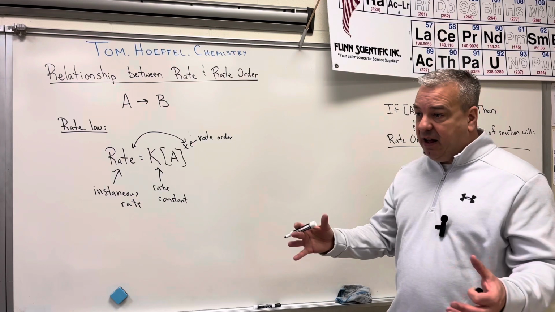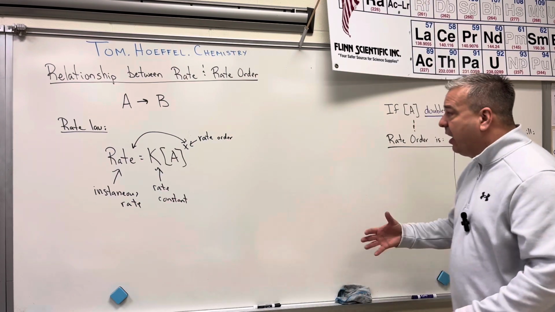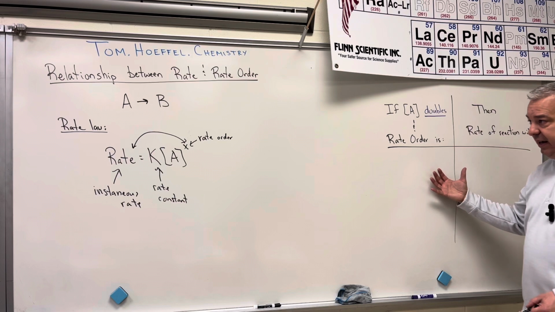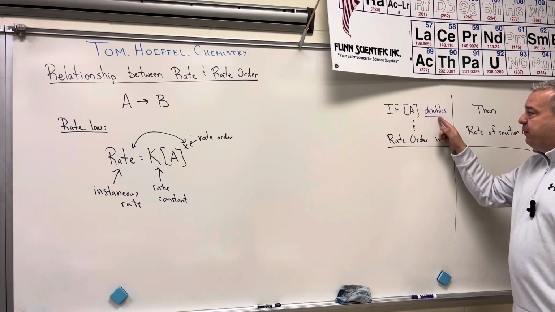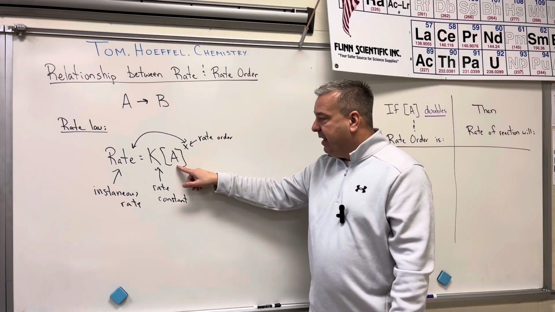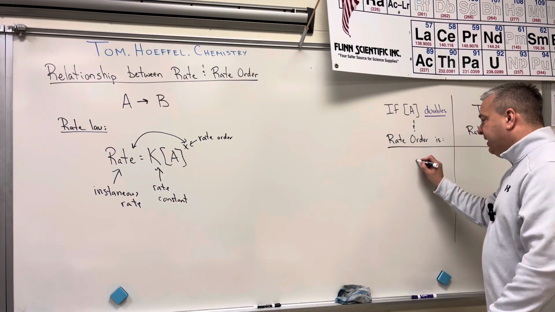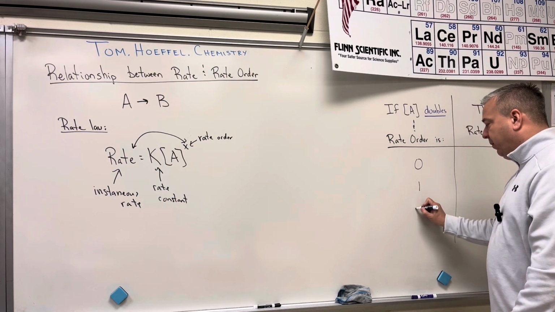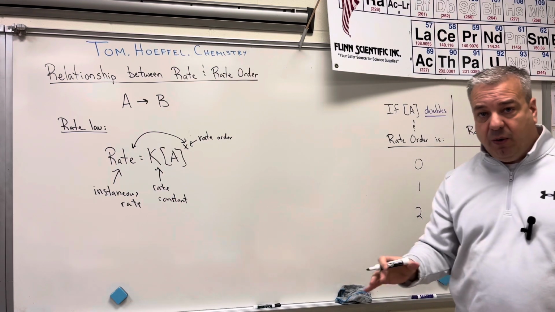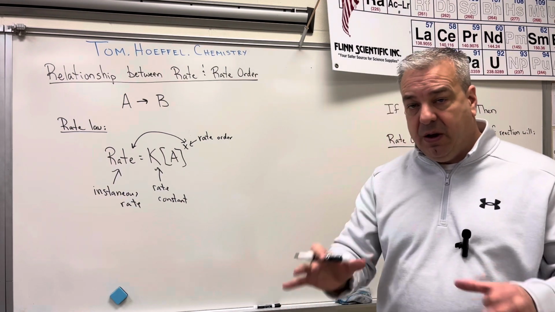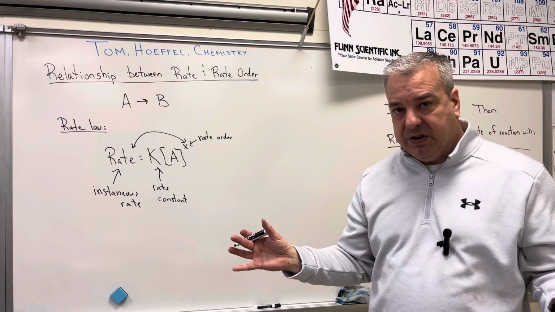So let's talk about this chart over here. What happens if we double A, and the rate order is 0 or 1 or 2? Rate orders of 0, 1, or 2 are the most common rate orders in chemistry.